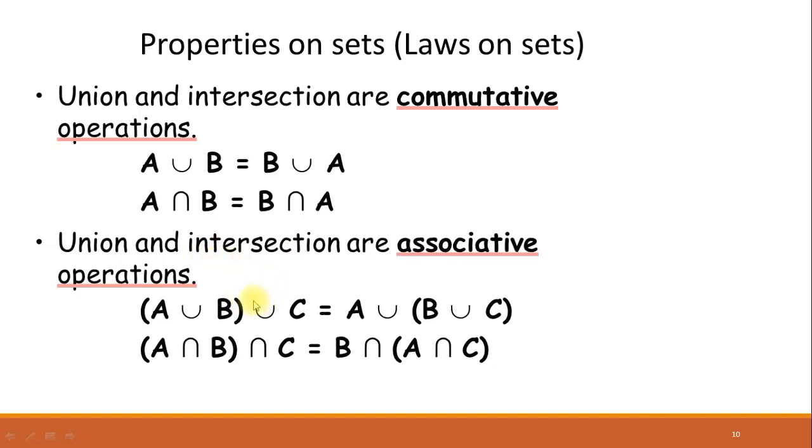For three sets A, B and C, associative law with respect to union can be written as (A union B) union C is equal to A union (B union C), and associative law with respect to intersection can be written as (A intersection B) intersection C is equal to A intersection (B intersection C).